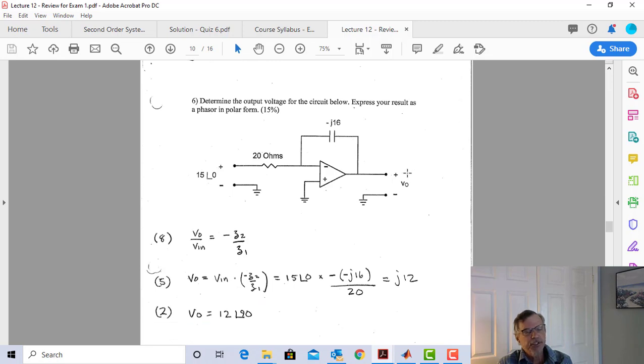Now, if I can digress for a second, a really good thing to remember is that for the op-amp feedback loop to be closed, and the equations that we just derived fall apart if the feedback loop is not closed. The output of the op-amp should always be connected back to the negative terminal, because the op-amp works by negative feedback, and you're going to learn a lot more about that in control systems.